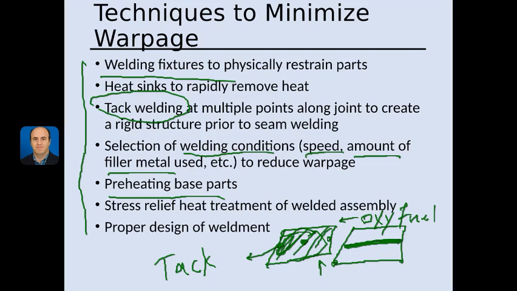Or you use a stress relief. Once the part is done, you take it to a furnace and raise the temperature uniformly and cool it down, so stress is going to be gone. Also, you have a proper design of the weldment, so that can be helpful to reduce warpage.